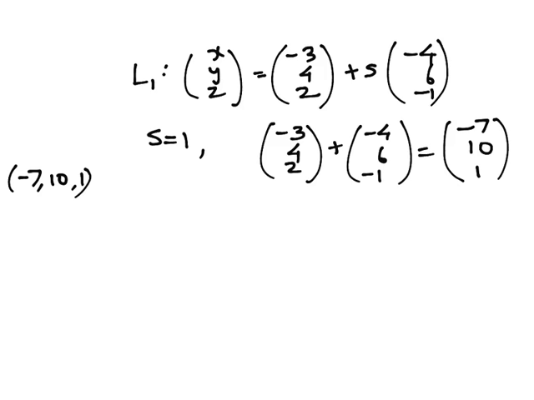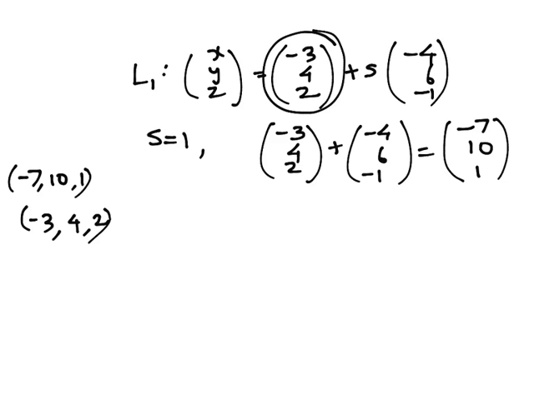The other point you can take is minus 3, 4 and 2. These are 2 points which lie on L1. Of course there are infinite points on L1, but since they ask only for 2 points, we can stop here.